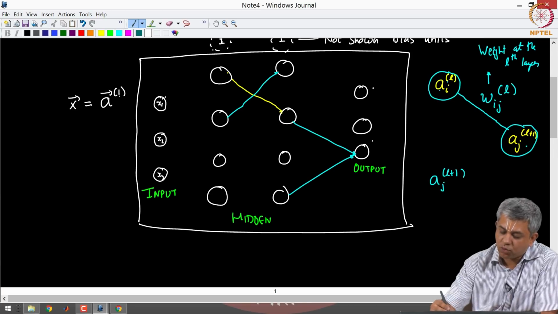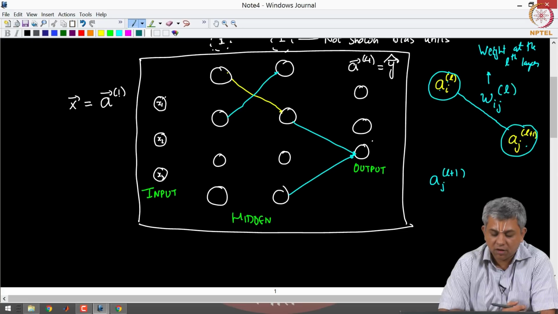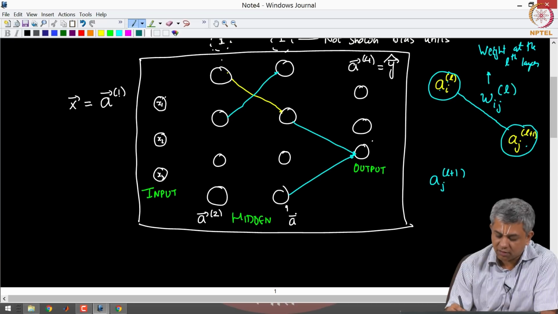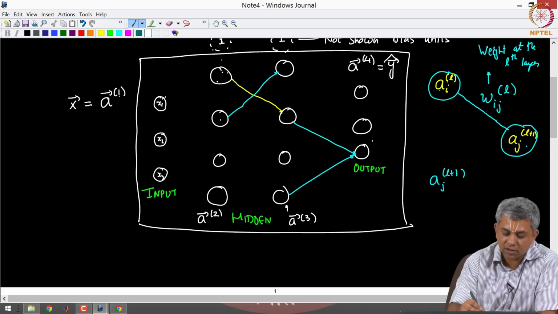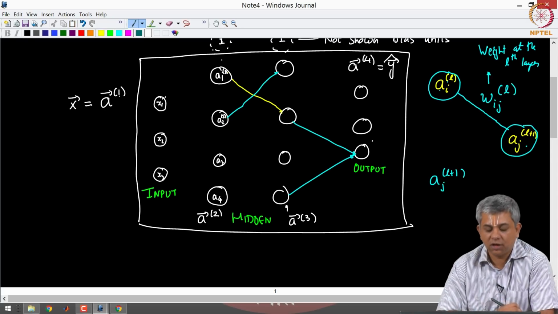Similarly, this I could call A vector at level 4, which is the output layer, y hat vector. Okay. So, this then would be A vector at level 2 and this would be A vector at level 3. Remember, A vector itself has 4 components A1, A2, A3, A4 with the superscript 2. Okay. Similarly, A1, A2, A3, A4 with the superscript 3.